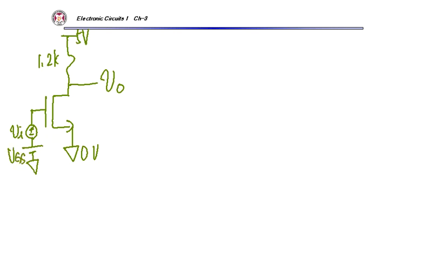So my small signal circuit will be a common source, which is similar to common emitter, common source amplifier, because my input port is gate source, output port is drain source. So I will convert this one.